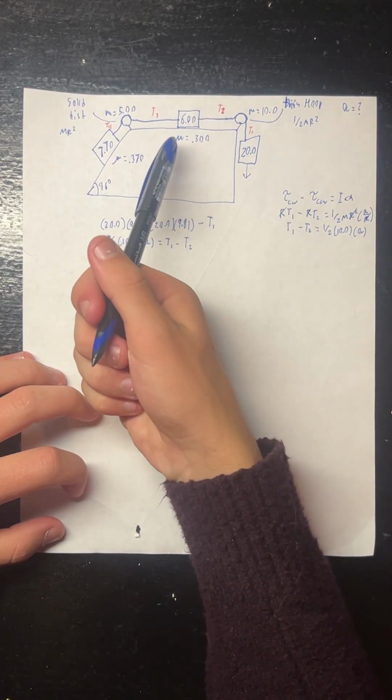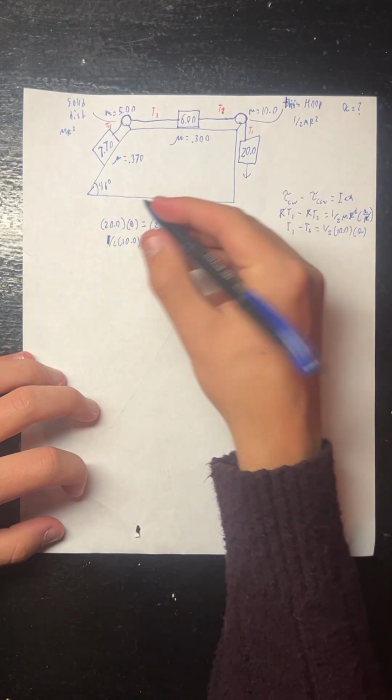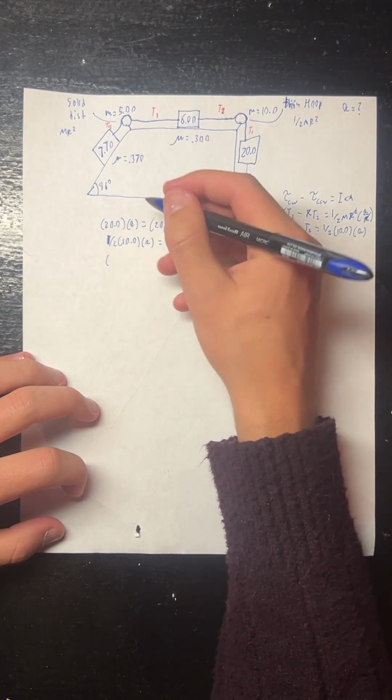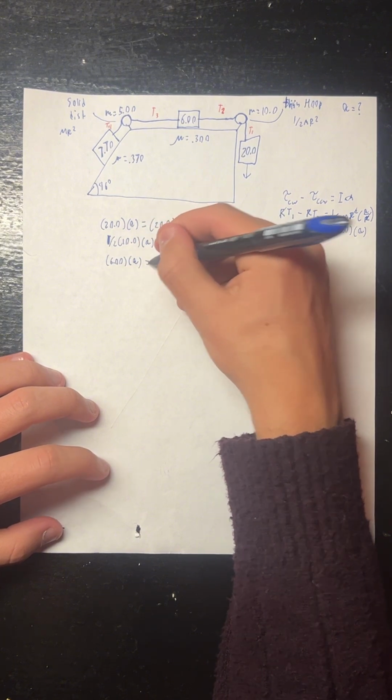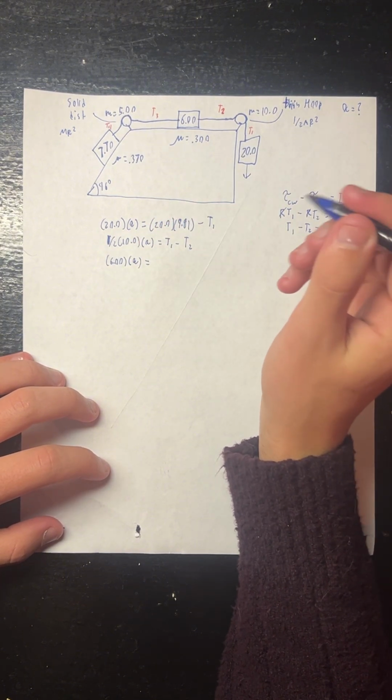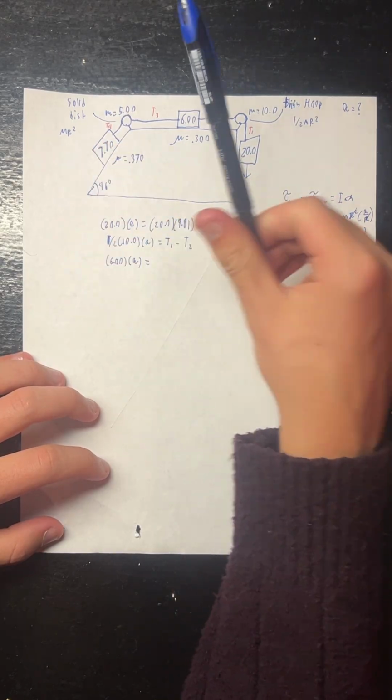Our third equation deals with the middle mass, so that is going to be ma, so 6.00 times the acceleration of the system equals, well, it's the force this way counteracted by the forces that way.